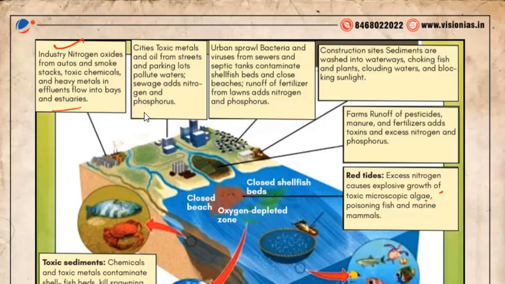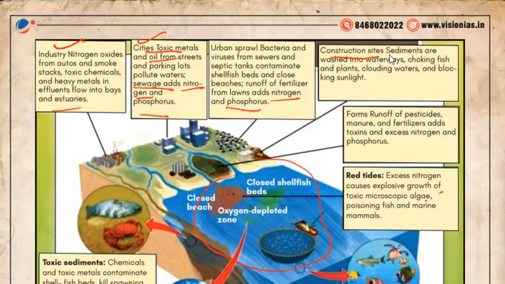Sewage adds nitrogen and phosphorus, which are nutrients. Toxic metals are also added in the water body. Next is urban sprawl: bacteria and viruses from the sewers and septic tanks contaminate shellfish beds and close beaches. Runoff of fertilizers from lawns adds nutrients, nitrogen and phosphorus.